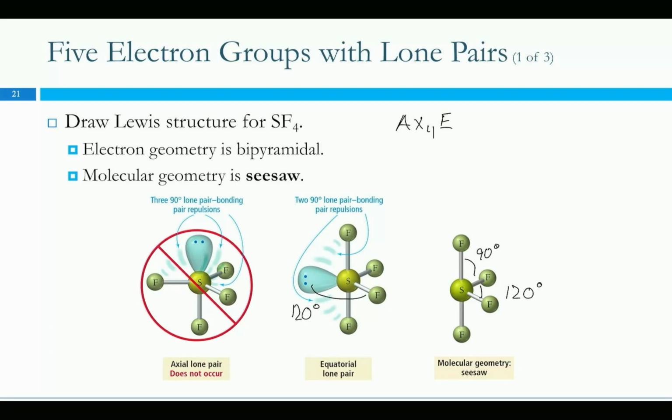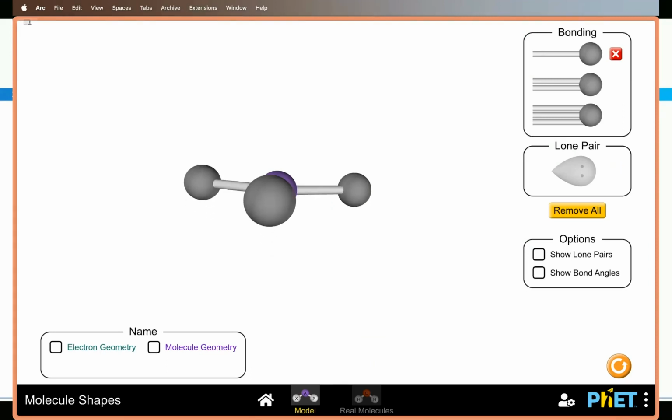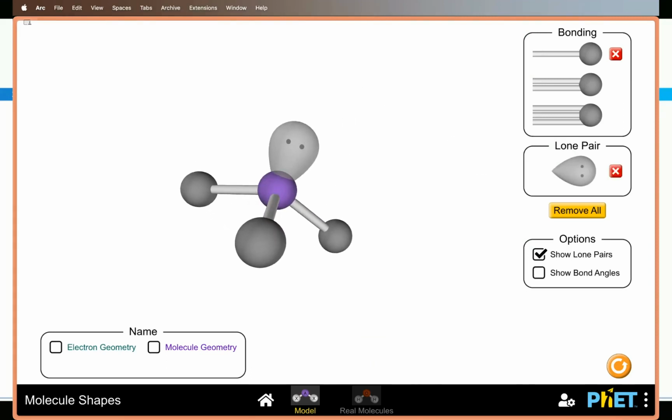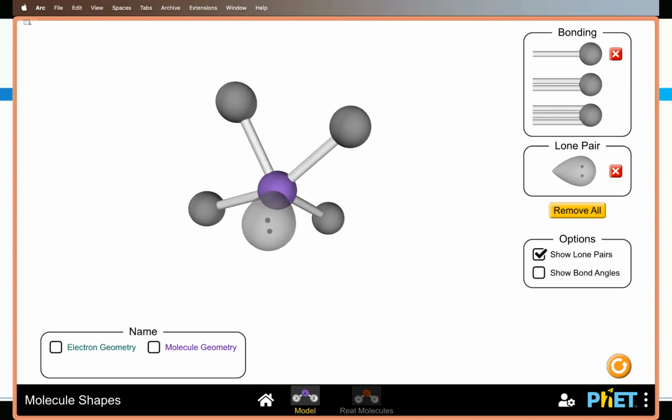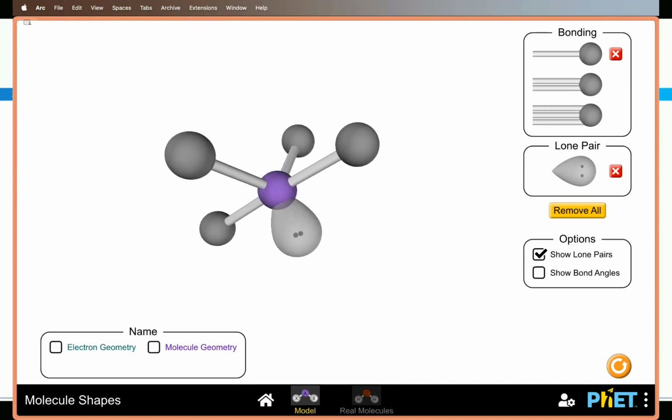The molecular geometry ends up being seesaw. So you can see that on here. I can try and move this and put it on top, and the other ones will always move so that we've got the smallest number of lone pair bonding group interactions.